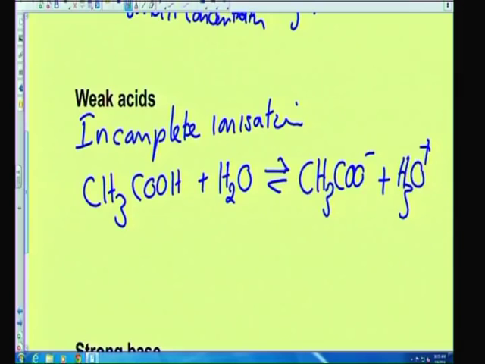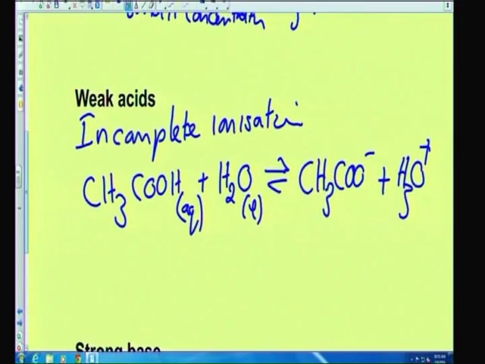Now, if we look at the Ka of this, what you'll need to recognize is that this will be in aqueous solution, even though it's a molecule.